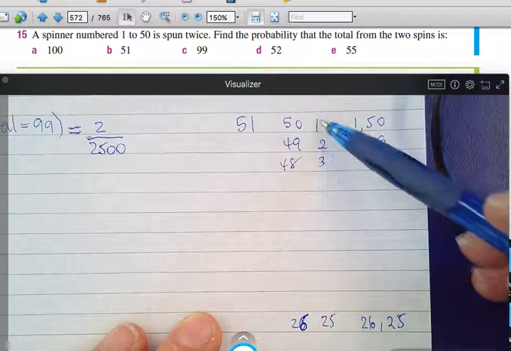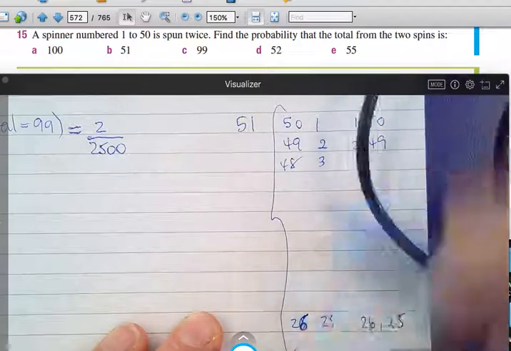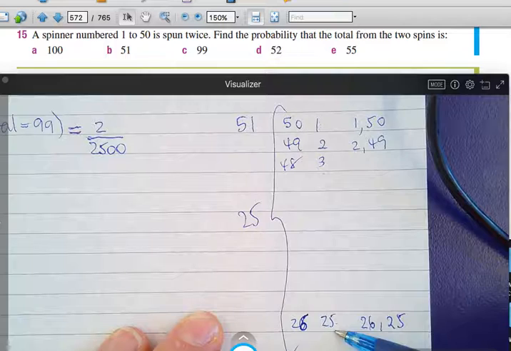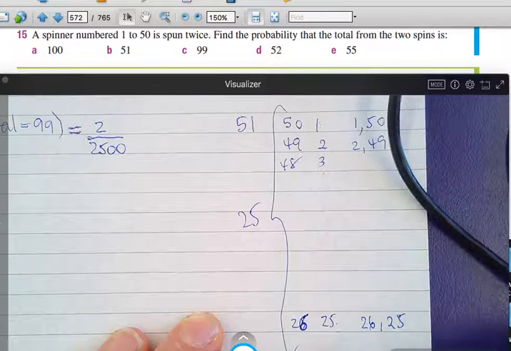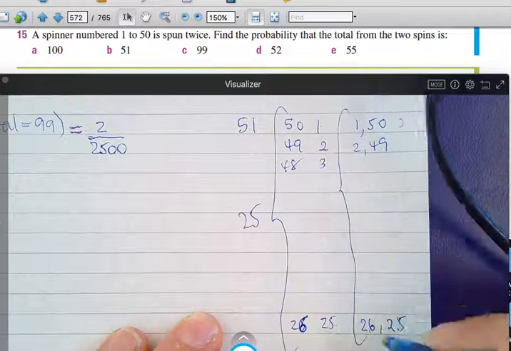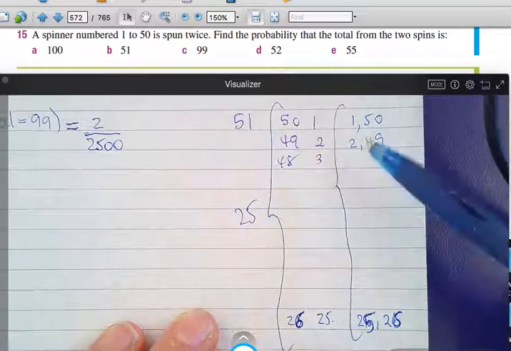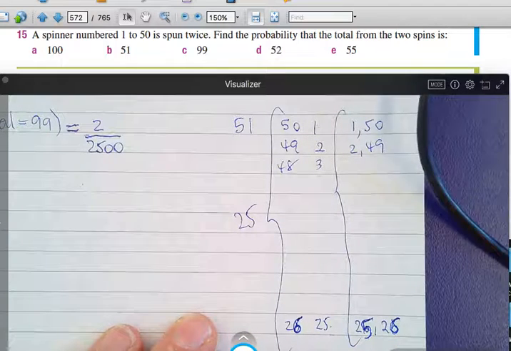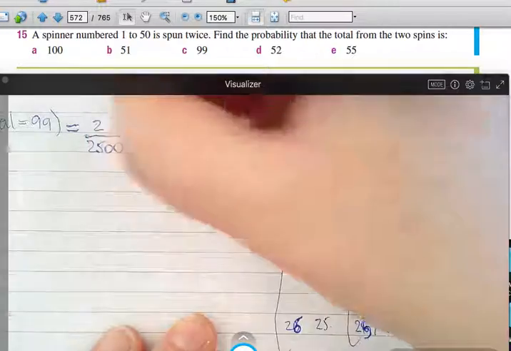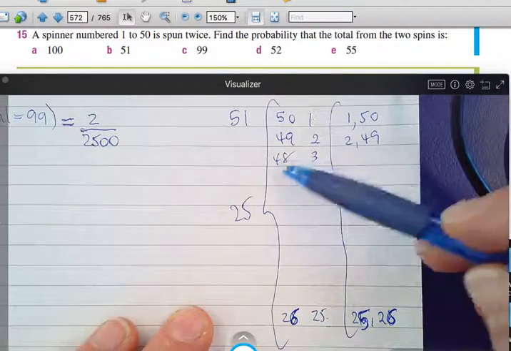Now, you tell me how many numbers. 1, 2, 3 to 25. How many numbers? 25 numbers. Because look, 1, 2, 3 goes up to 25. Actually, that's 25 and that's 26. So you've got 25 there and 25 here. How many chances? Not 100. 50. So do you see that, girls? A 1 with a 50, a 2 with a 49, a 3 with a 48.